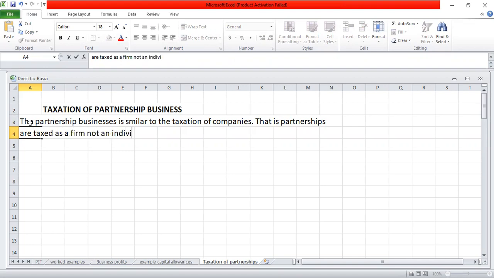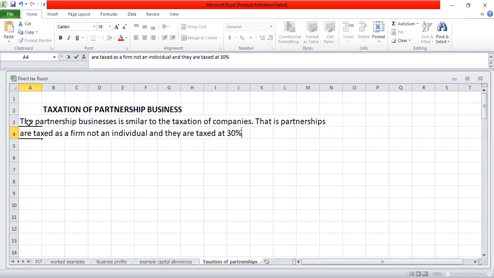In most laws, they tax individuals, but in the Rwandan tax law, it is the firm that is taxed, at 30%. So when you are taxing a partnership, you tax it as a firm. You don't tax the individuals, which is a bit different from other laws.